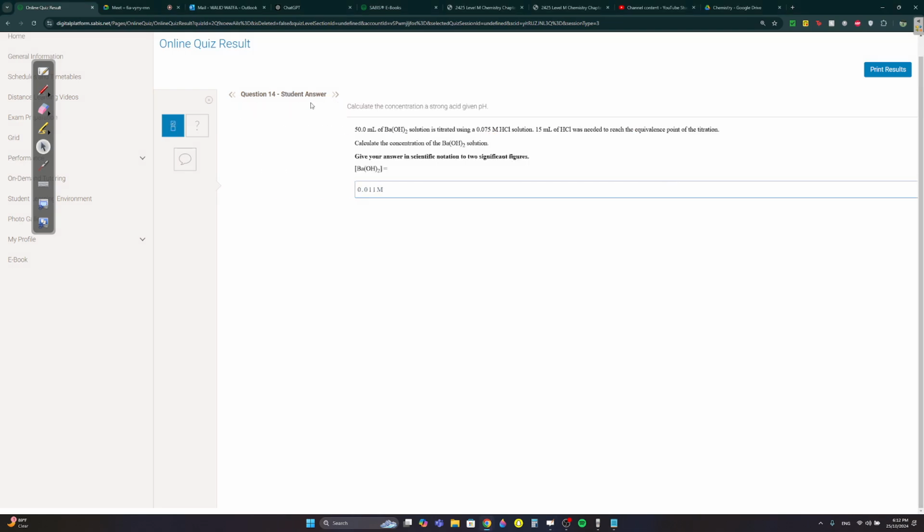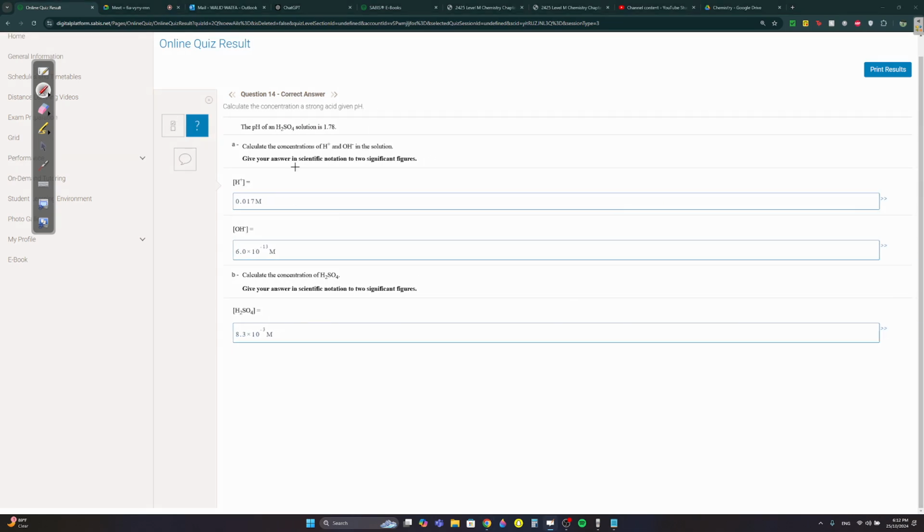Okay, question 14. They gave you the pH of a solution. Calculate the concentration of H plus and OH minus. Always know that pH is equal to minus log H plus. Also, concentration of H plus is equal to 10 to the power of negative pH.